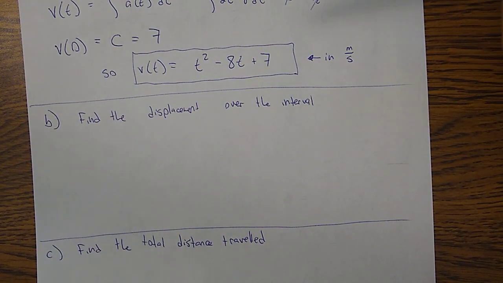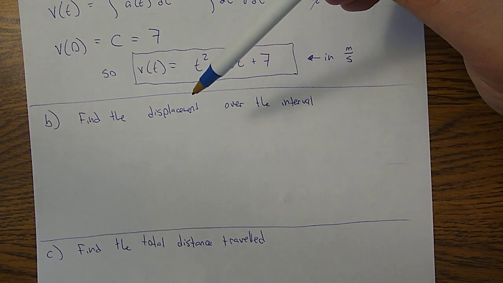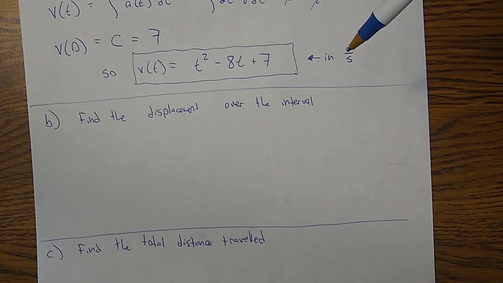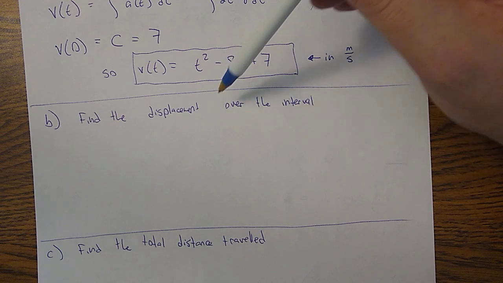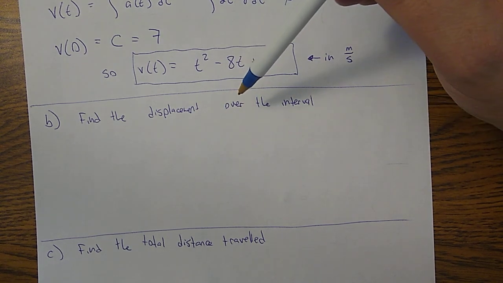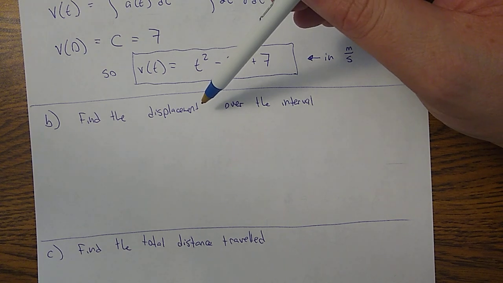Okay. Let's talk about part B, the displacement over the interval. Displacement literally just means change in position, and that could be positive change or negative change. Your displacement can be positive or negative.